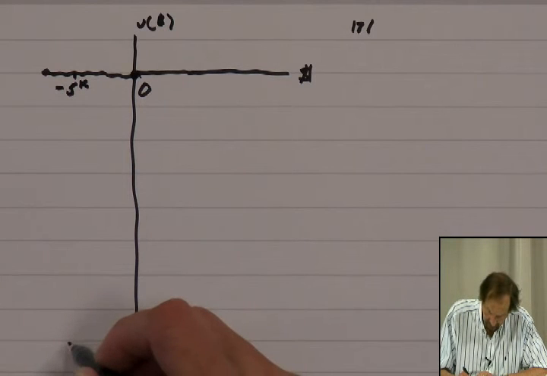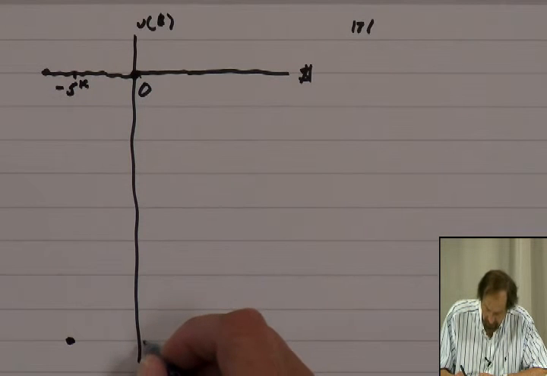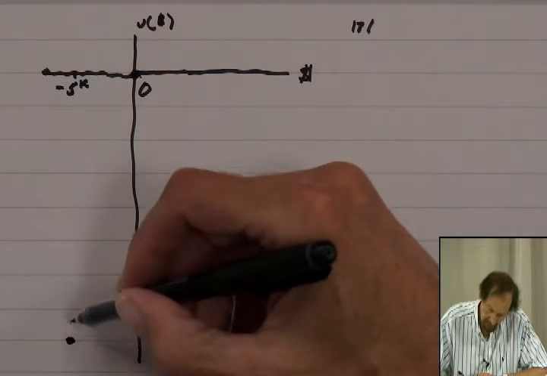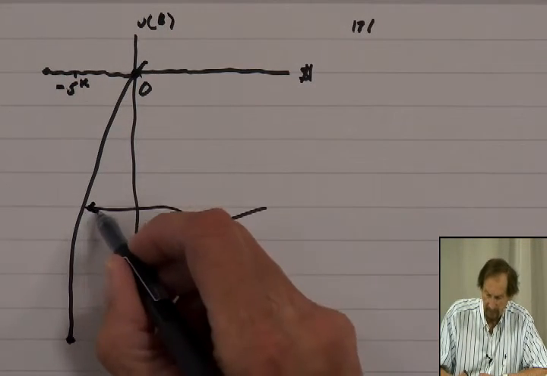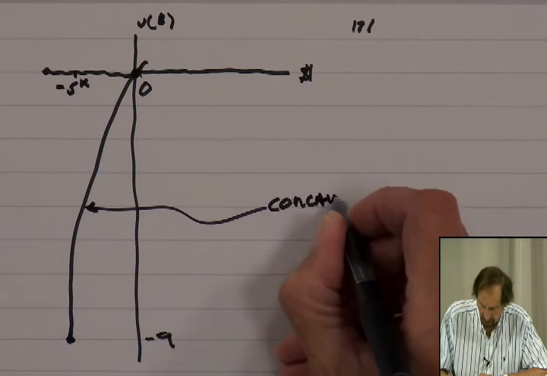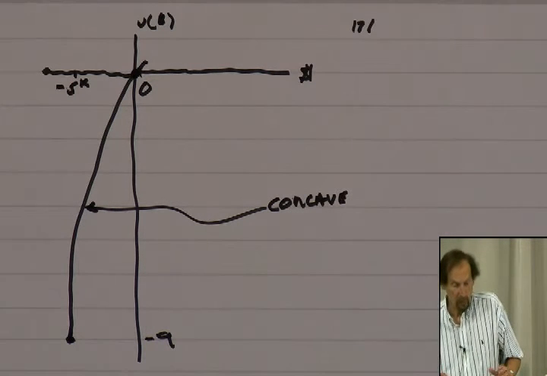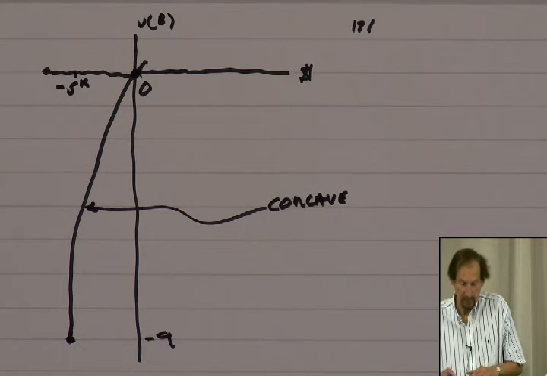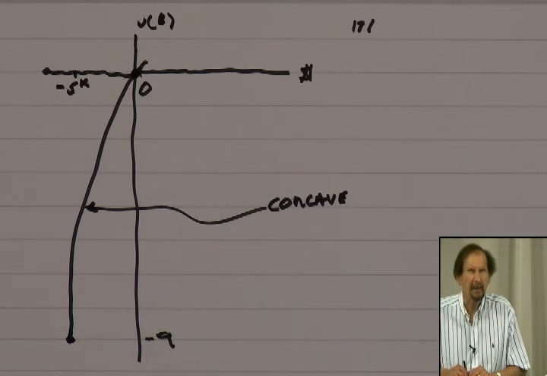So say that's about here. This is minus 9. So now, again, this is concave. In fact, it's really bad here. So we're risk averse. In fact, we're more risk averse for losses than we are for gains. Okay. I think that's about it for today.